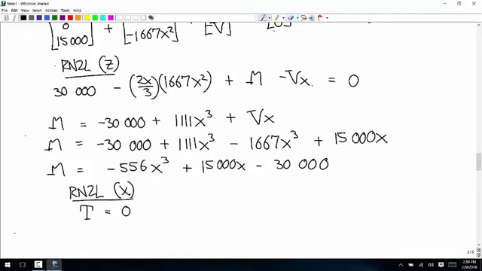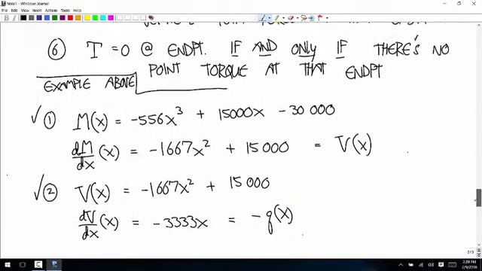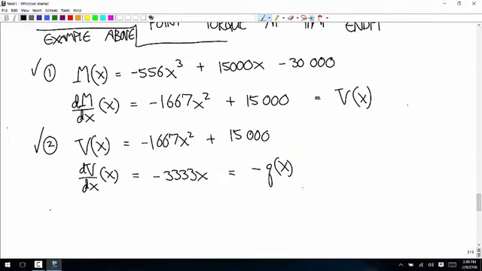Then plug in x equals 3, and you get 9 times negative 5 plus 45,000 minus 30,000, which is 0. Check.